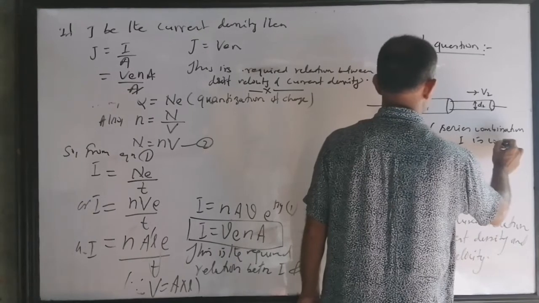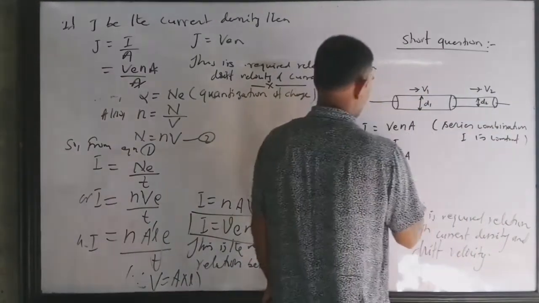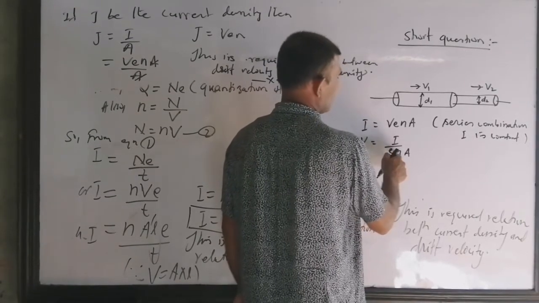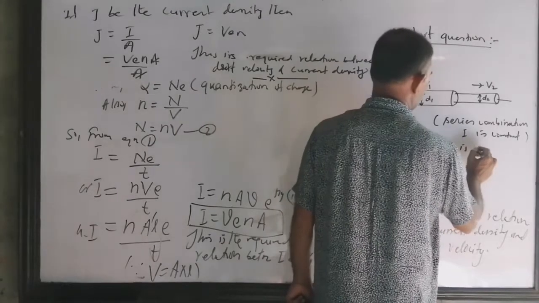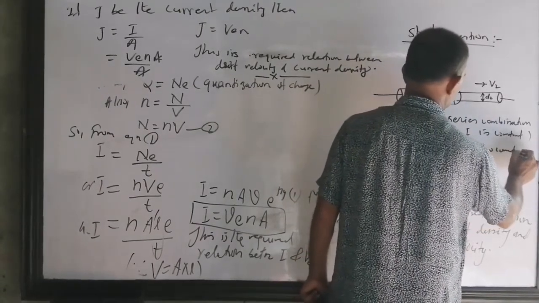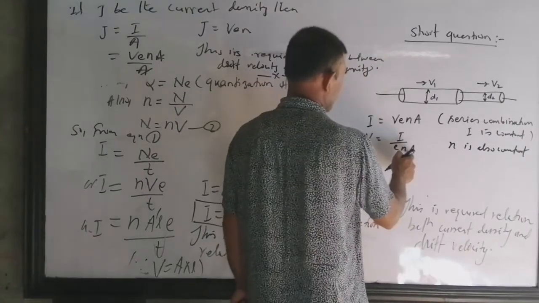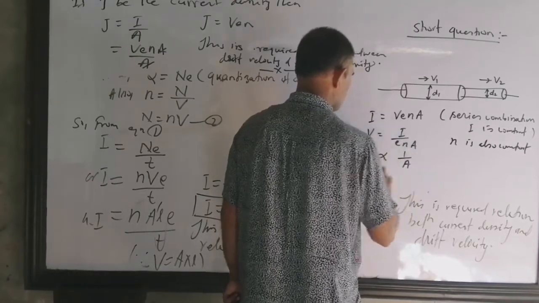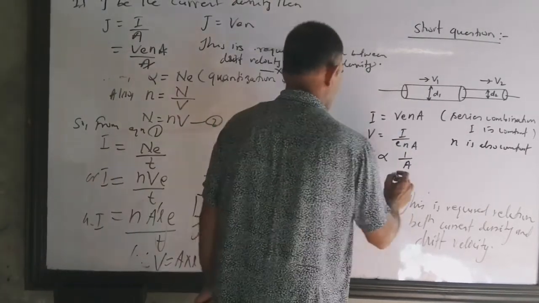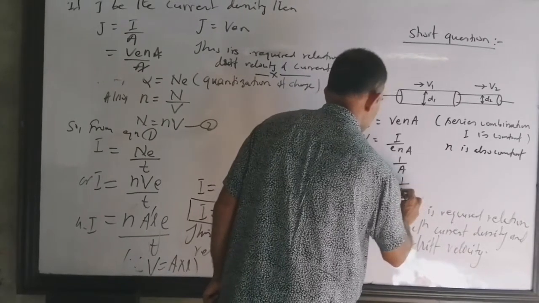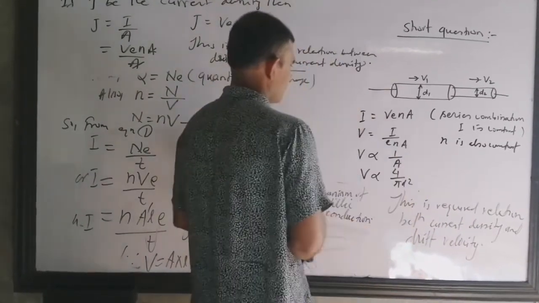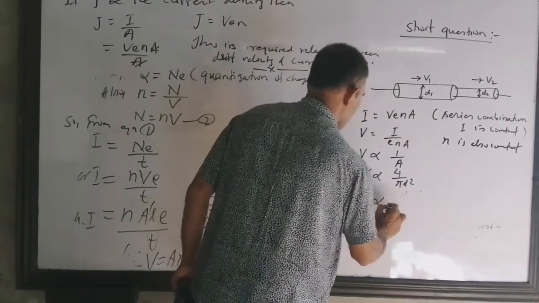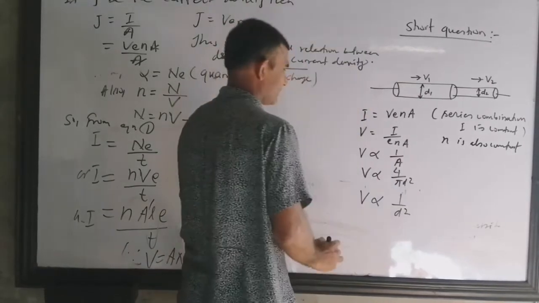I is constant, and e is also constant, because electronic charge is fixed for all. And n is also constant. Now remaining is A. So Vd is inversely proportional to the area of cross section. Further I can remove the constants: area is pi d square by 4, so again I get constants 4 and pi. So Vd is inversely proportional to d square. What does it mean?